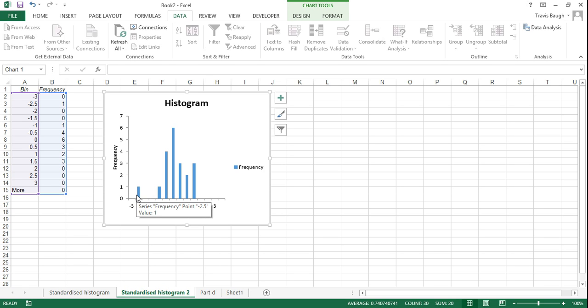You can see that it perhaps presents a sketch or a rough outline of the normal distribution. It does seem that most observations are in this region of around 0, and we know that the standard normal distribution has a mean of 0. And we certainly don't see any observations beyond +3, nor below -3.